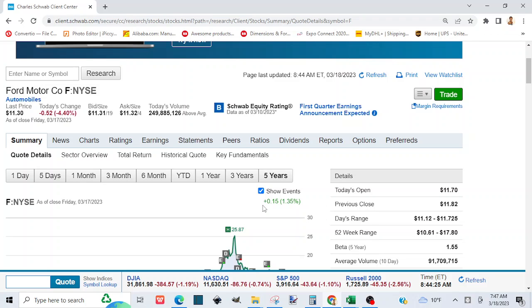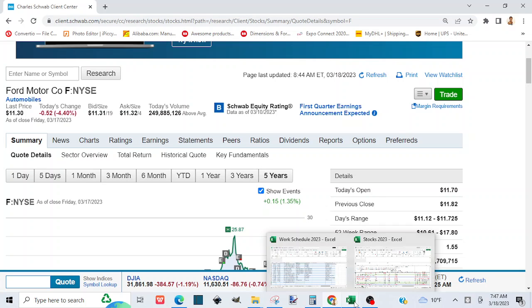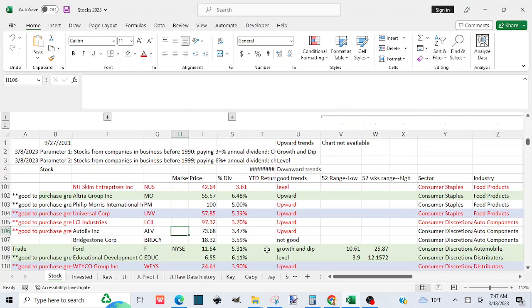Okay, so now we are done with Ford. Ford is growth and dip. At this point, you are not really deciding if you are going to invest in the company or not. You are just stating the fact. It's showing growth, it's showing dip. So you wrote it down with any other things. It passed your requirement to be on your spreadsheet.